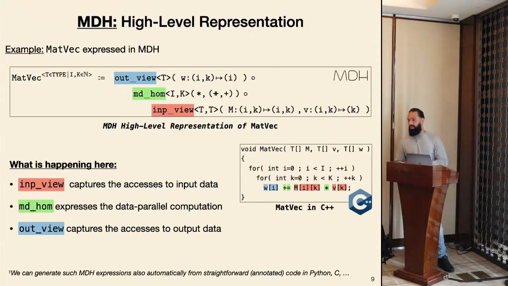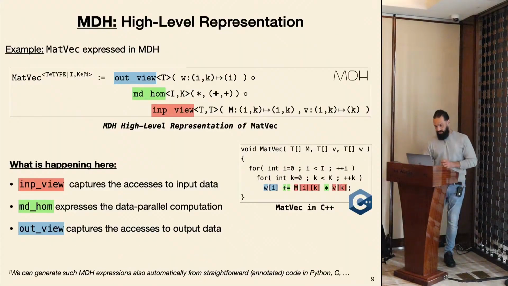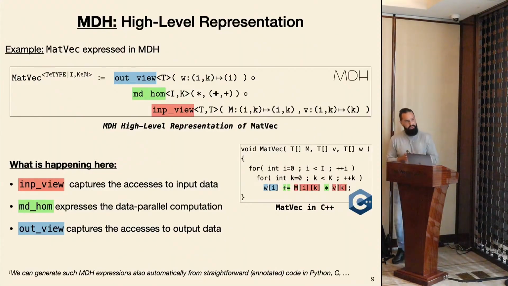If you look at the V colon ik, how should I interpret this? You said this is the access pattern to the vector. It looks like a two-dimensional access pattern. You mean the right-hand side of the top box? This one? Can you repeat the question?